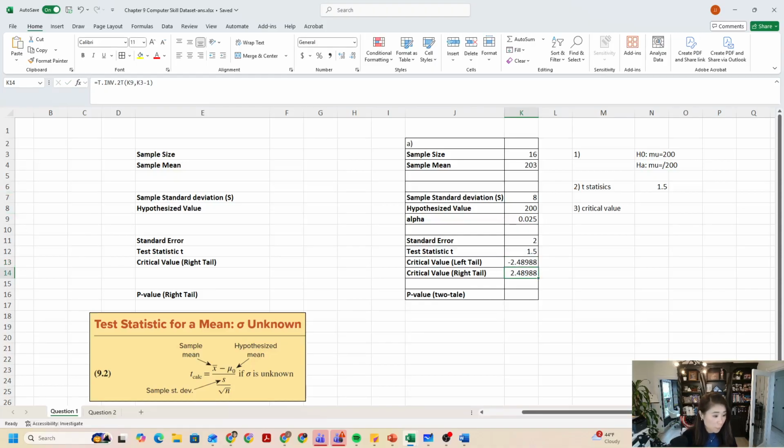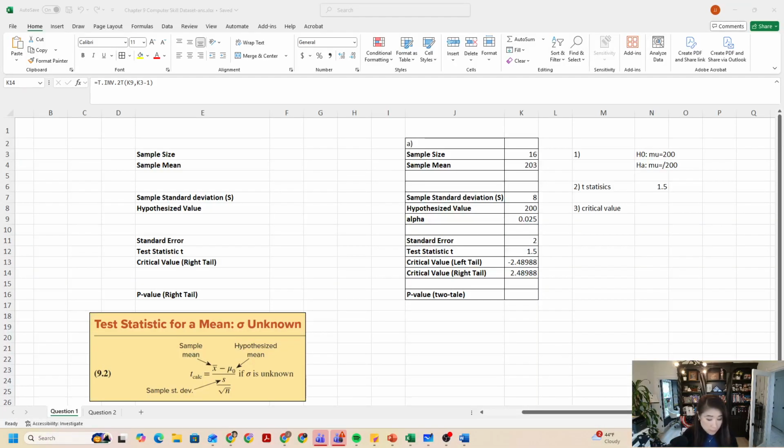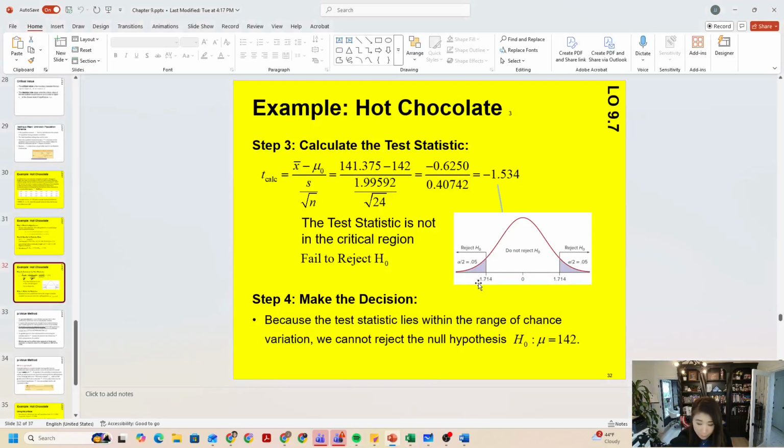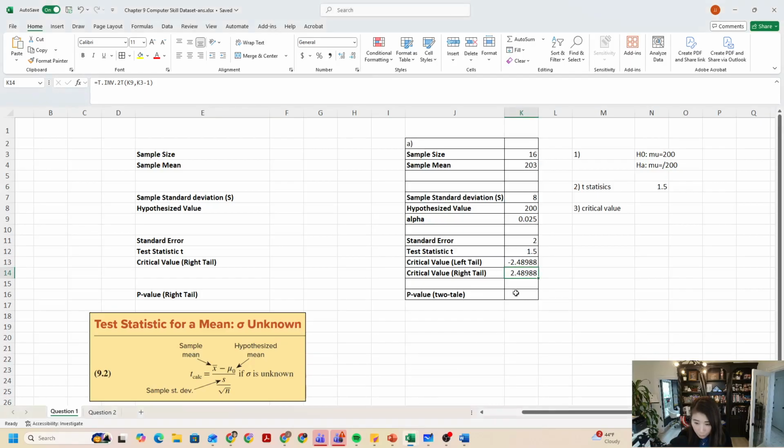For this specific example, if I pull my PowerPoint out here, instead of negative 1.714 to 1.714, our boundary now is negative 2.48988 and 2.48988. So that was my critical value.